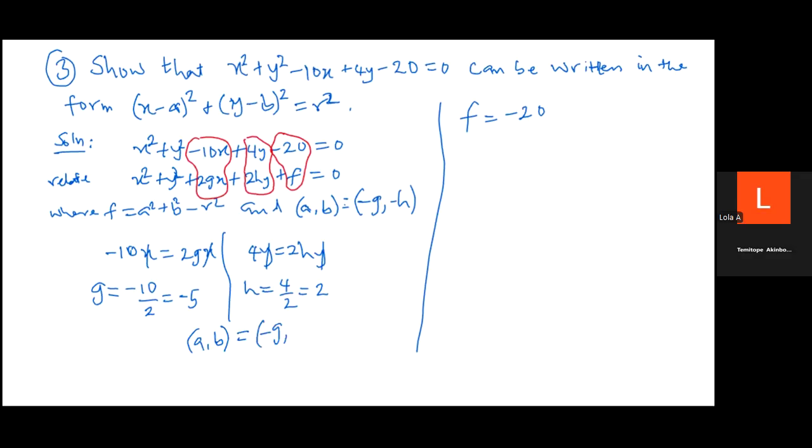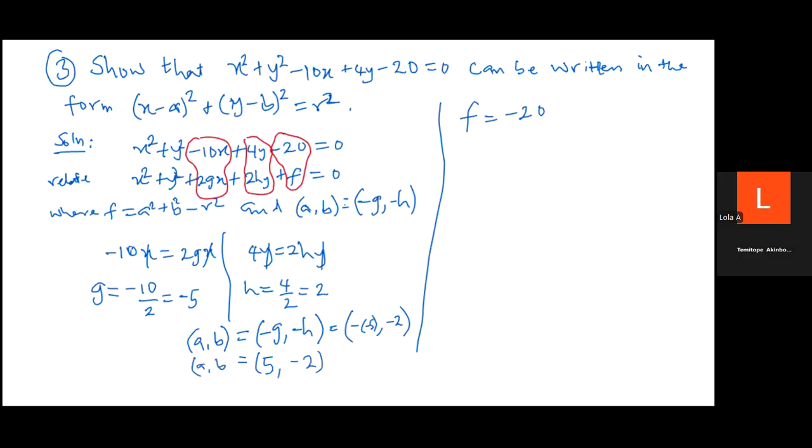So I will substitute for g and h. So minus, now g is minus 5, so minus minus 5, comma, h is 2, minus 2. So minus minus will become plus. So you have 5, comma, minus 2. So (a, b) equals (5, minus 2).